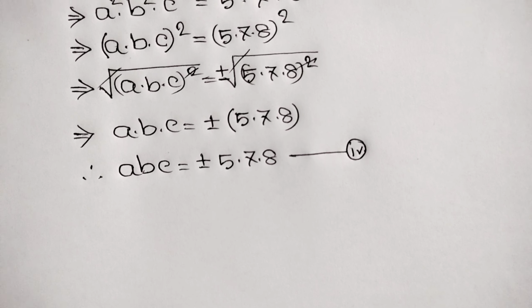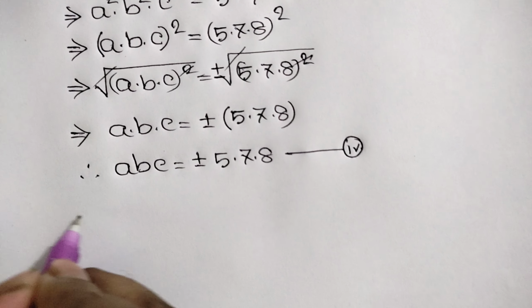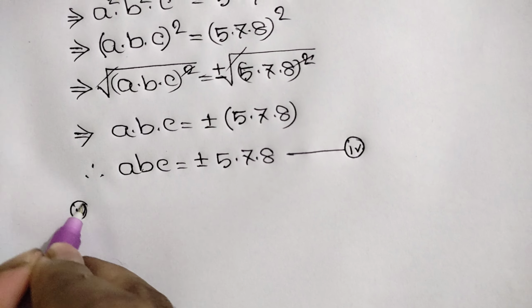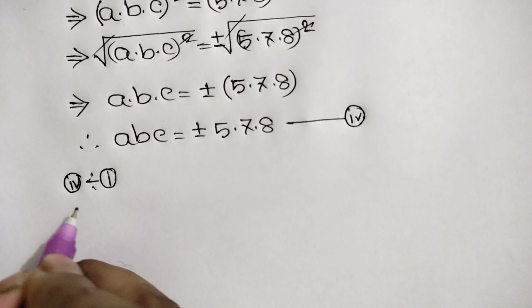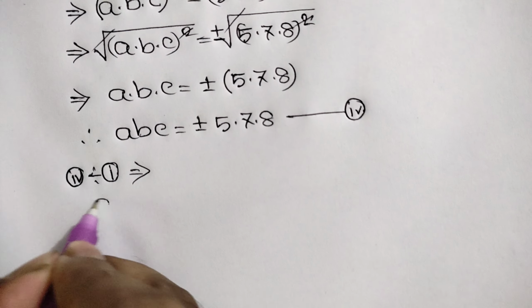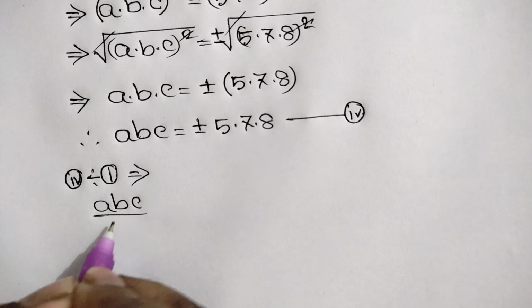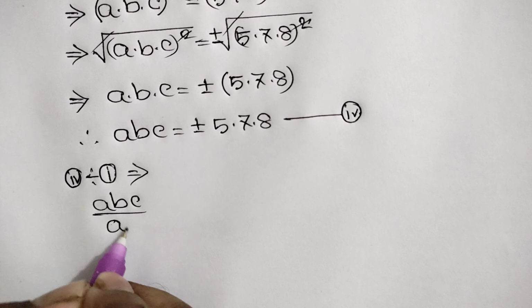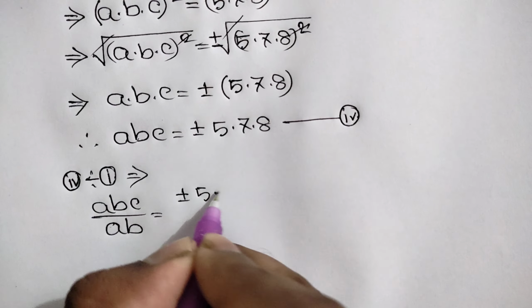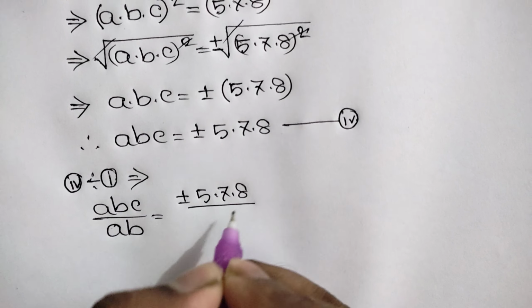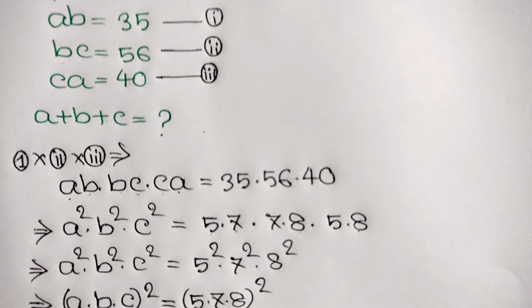Okay, now divide equation 4 by equation 1, we can write abc over ab is equal to plus or minus 5 times 7 times 8 over 35.